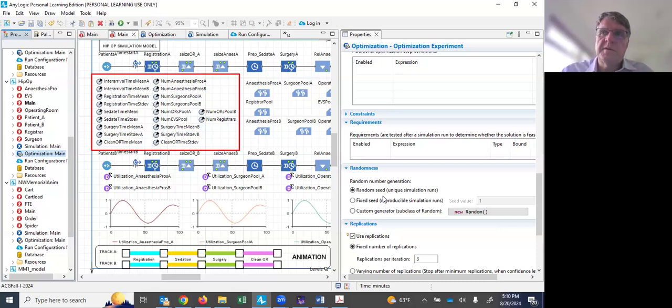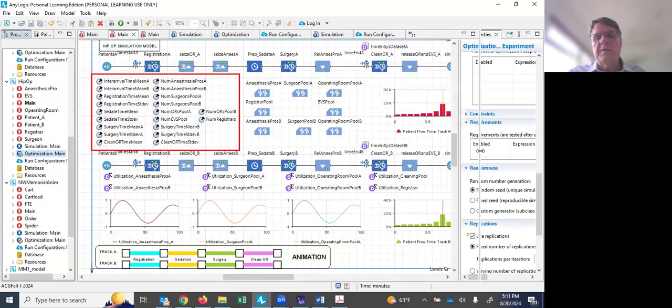And if you vary the starting point randomly, you get essentially what looks like a different day, a different time evolution of the OR suites for a different day. So I suggest that you replicate these analyses 3 to 5 times so that you're reporting averages rather than single runs. And if you do see a lot of variation, maybe report a confidence interval for those 3 runs. Okay, so that in a nutshell is our model.